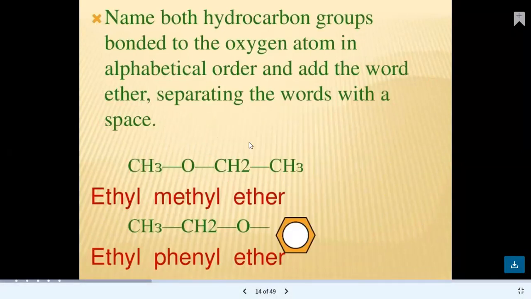Okay, if you respect the alphabetical order, you'll have the ethyl first, then the methyl, and then the word ether. So ethyl, methyl, ether.